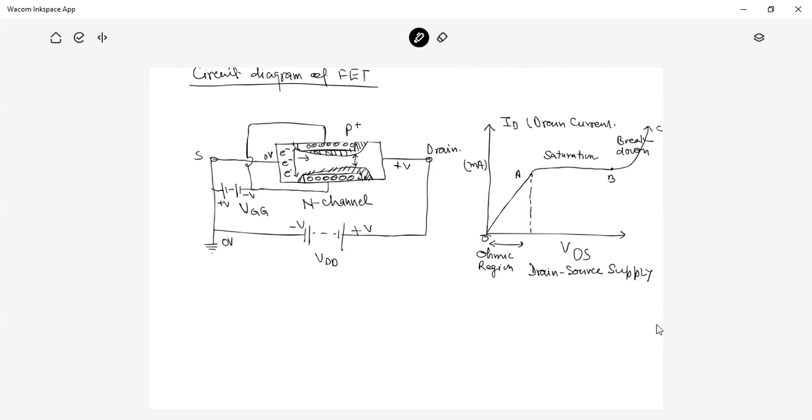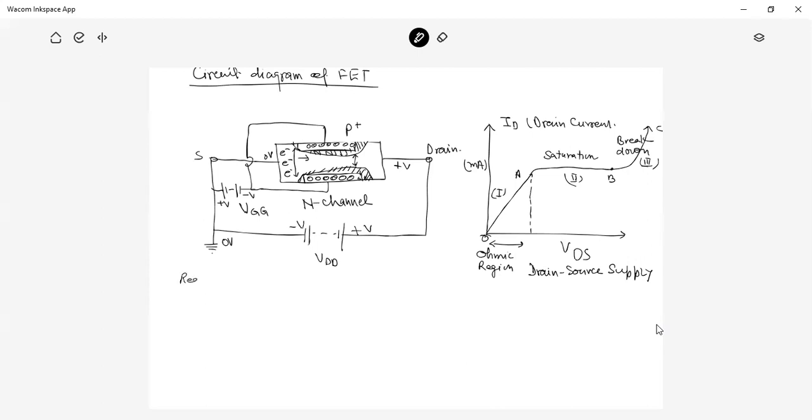If we would like to explain these three regions, region 1, region 2, and region 3, we can have three cases.